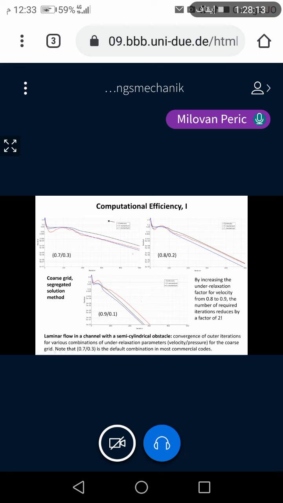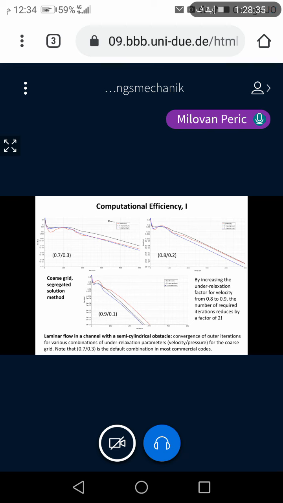So you see a significant increase in efficiency by increasing the under-relaxation factor for velocity and decreasing for pressure. And between 0.8 and 0.9, the factor in efficiency is 2. You need twice less iterations. And you see that if you use default values, it takes longer.